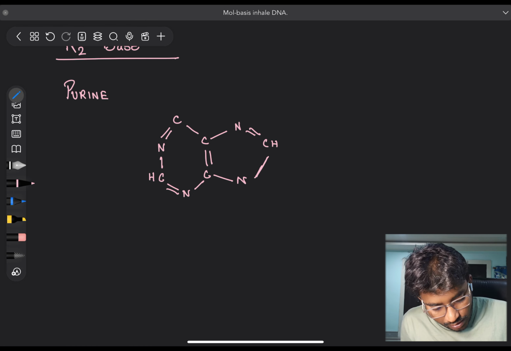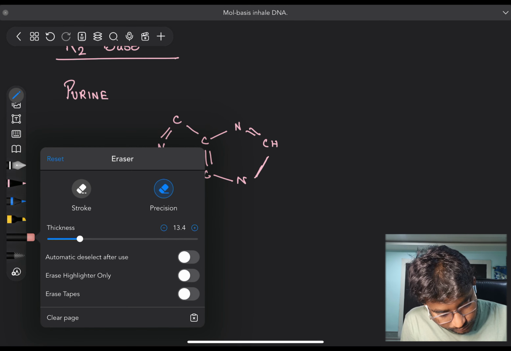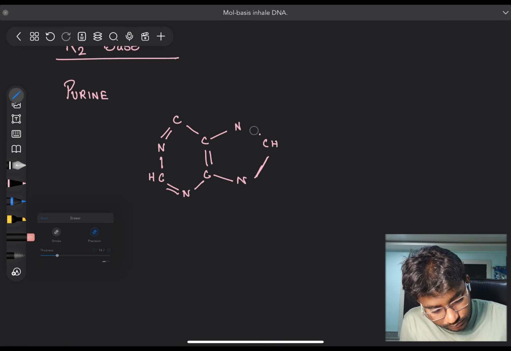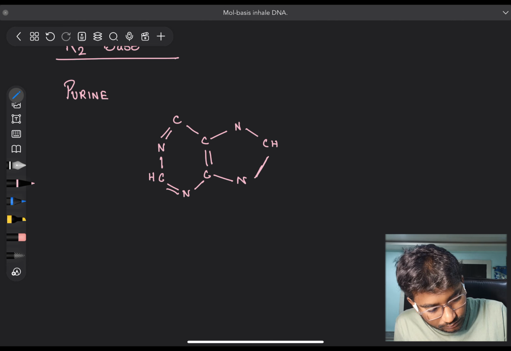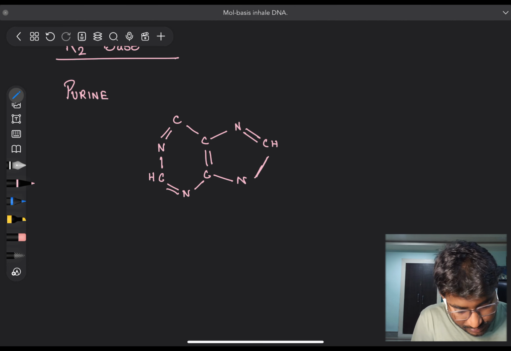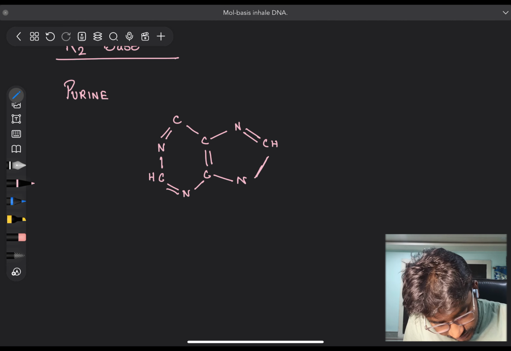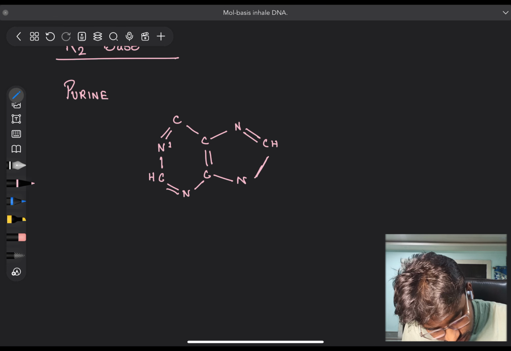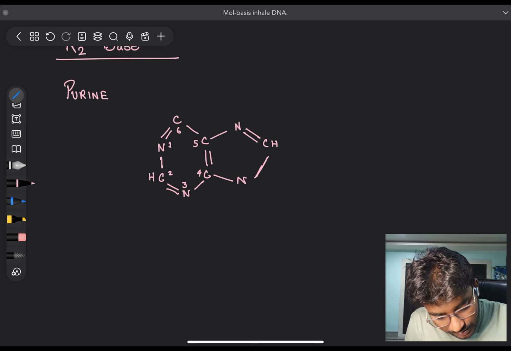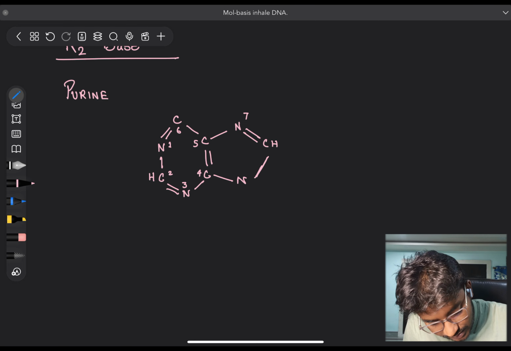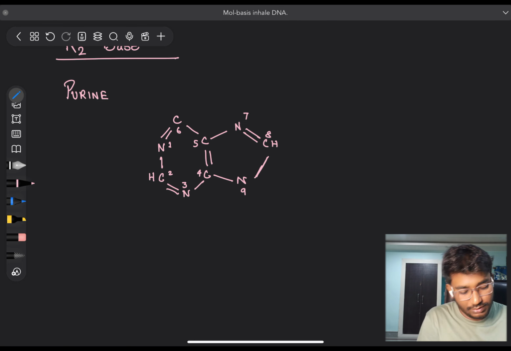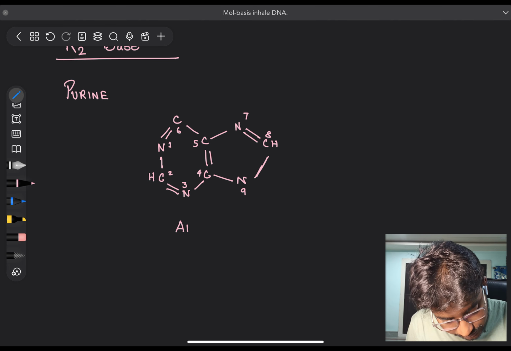Now let me number it first. This is 1, 2, 3, 4, 5, and this is 6. Now this is the 7th, this is the 8th, and this is the 9th. So this is the structure of adenine.